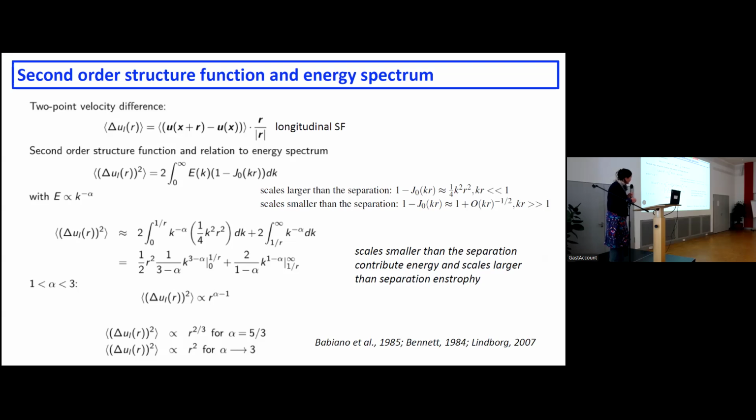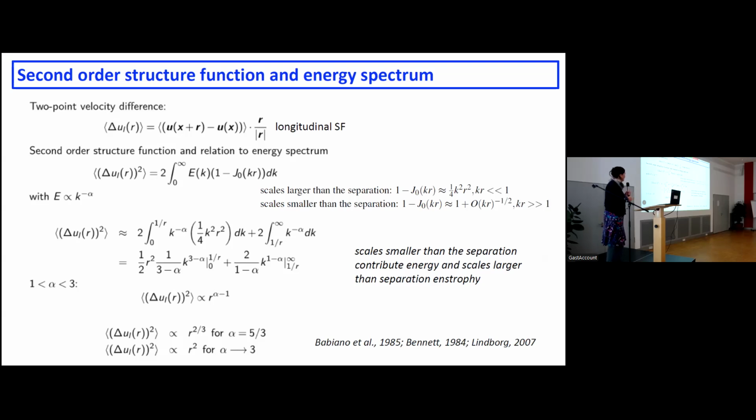Due to this k squared term times the energy spectrum that has the scaling minus alpha, you can see that scales smaller than the separation contribute energy, and scales larger than the separation contribute enstrophy.